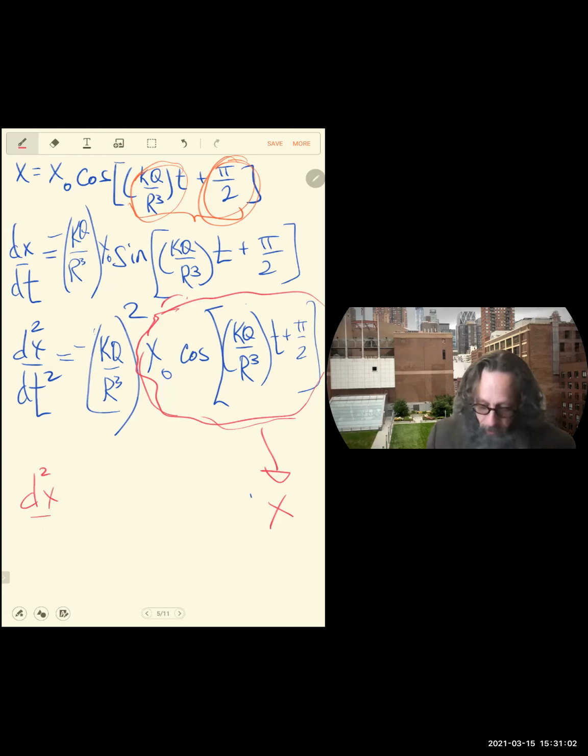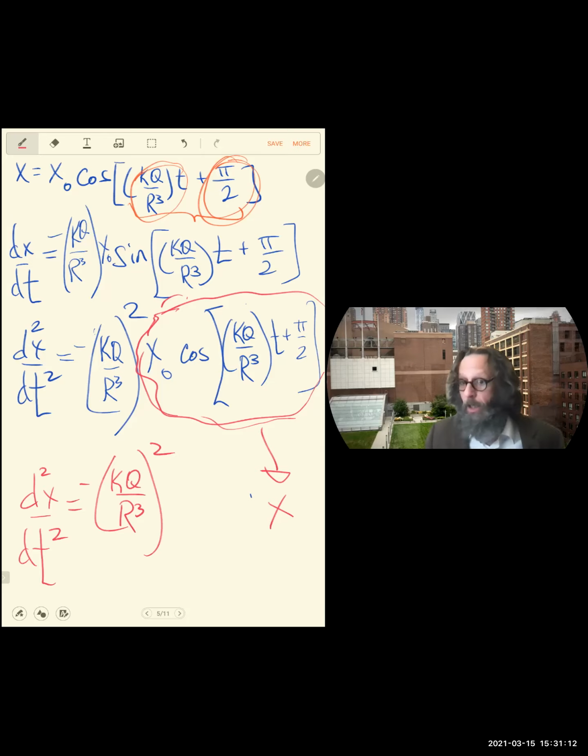Apparently, what I've just concluded is that the second derivative of x with respect to time equals negative some kind of constant, some kind of complicated, maybe even squared constant, but nonetheless a constant, all times something that I'm calling x. So far everything I've done here, I think in principle is what I did in the solutions. But now I look at this, and I have to be very careful now, to all of you.